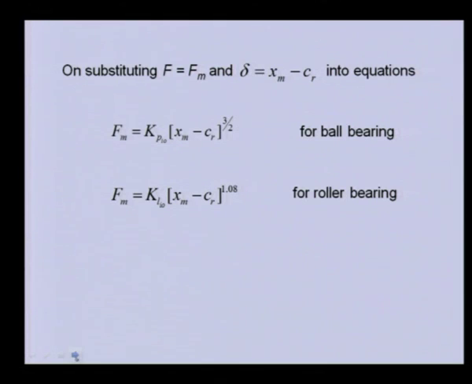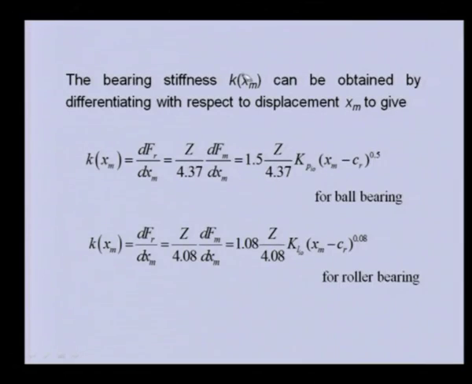Once we have this relation, we define the bearing stiffness, which is nonlinear in nature. The bearing stiffness is defined as the change in the radial load applied with respect to the deformation of the roller or ball which is getting maximum deformation, which is equal to the relative displacement between the inner raceway and outer raceway.